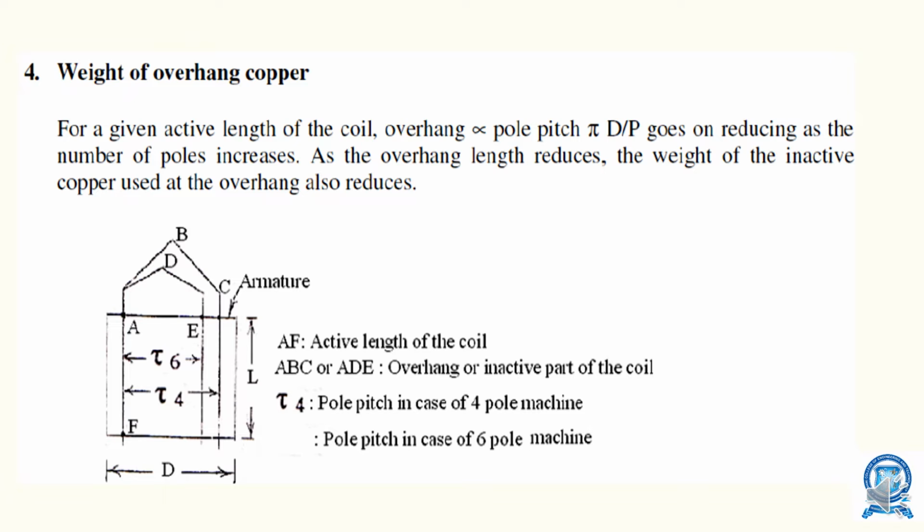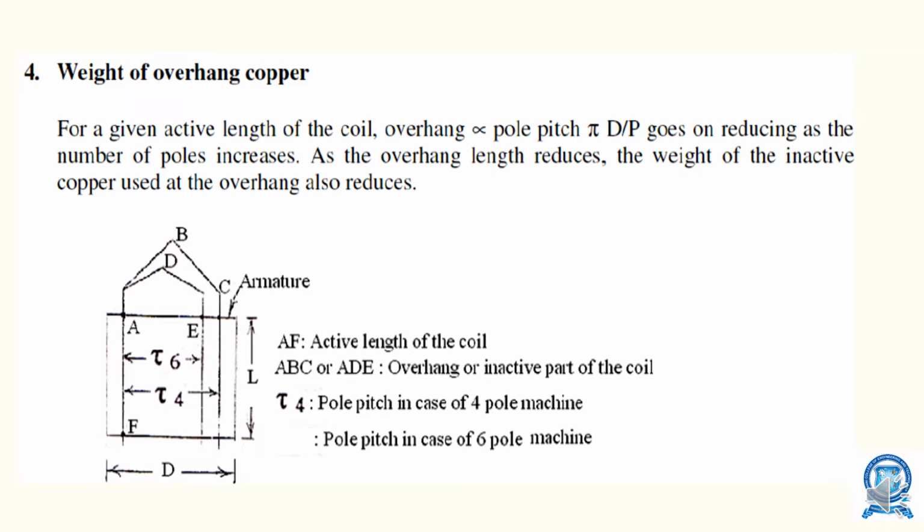The next parameter is weight of overhang copper. For a given active length of coil, overhang is directly proportional to pole pitch. Pi D by P goes on reducing as the number of poles increases. As the overhang length reduces, the weight of inactive copper used in the overhang also reduces.